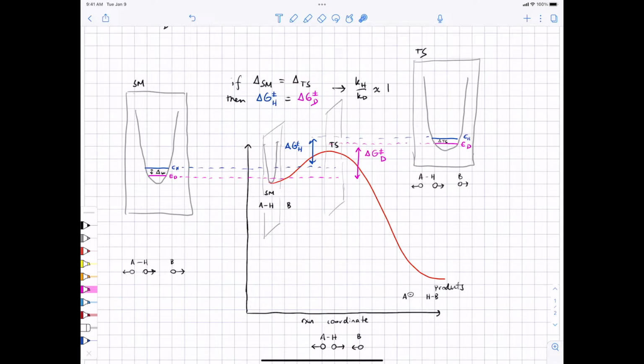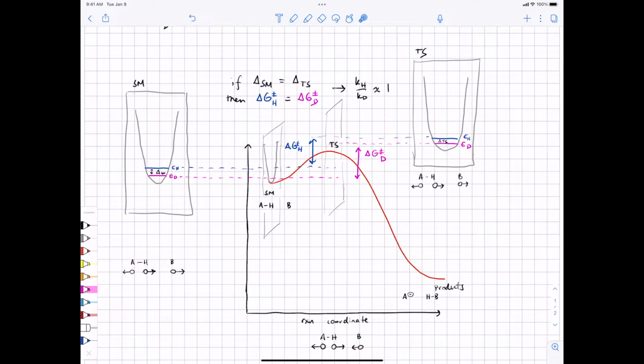Same thing can be true if it's a very late transition state, and if the vibrations in that late transition state are similarly separated like the vibrations in the starting material. So in general, very early or very late transition states have relatively low kinetic isotope effects.